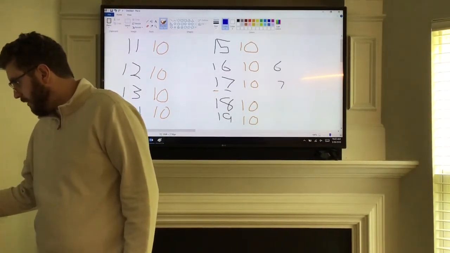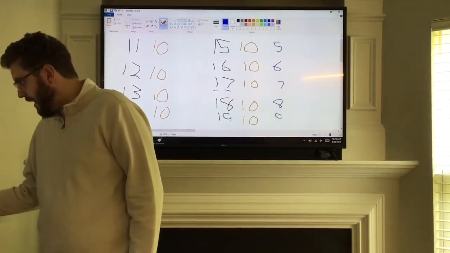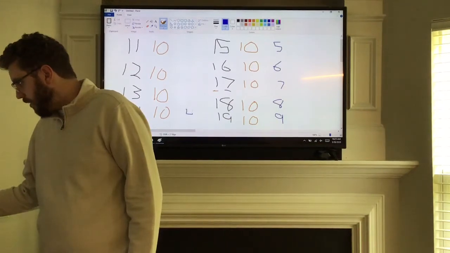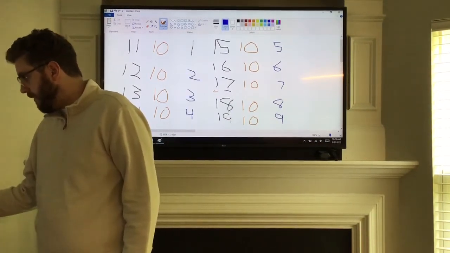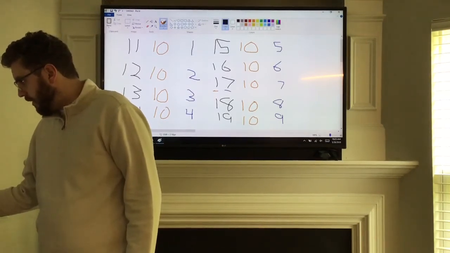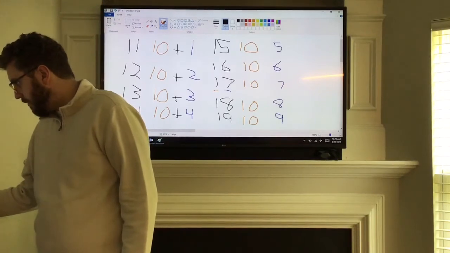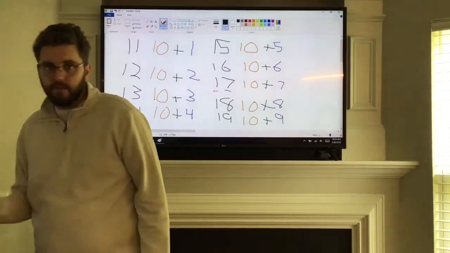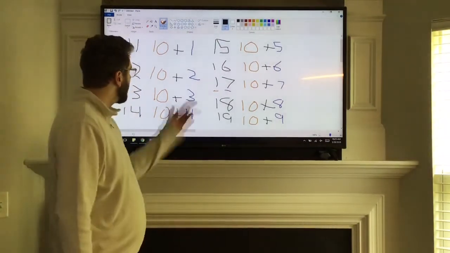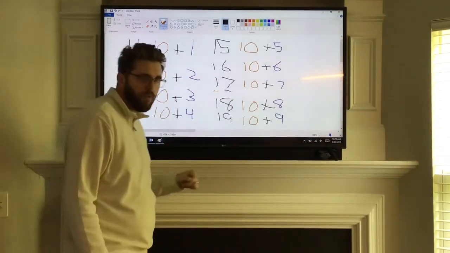Here it'll be 6, here it'll be 5, here it'll be 8, here it'll be 9, here it'll be 4, 3, 2, and 1. And then as you can see, we go plus, plus, plus. 10 plus 1 is 11. 10 plus 2 is 12.